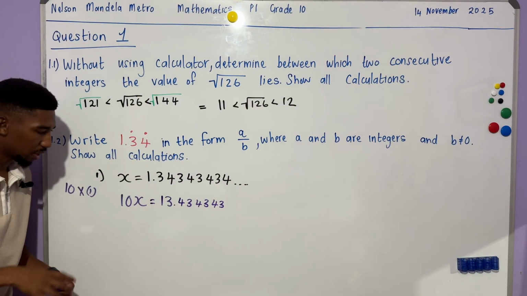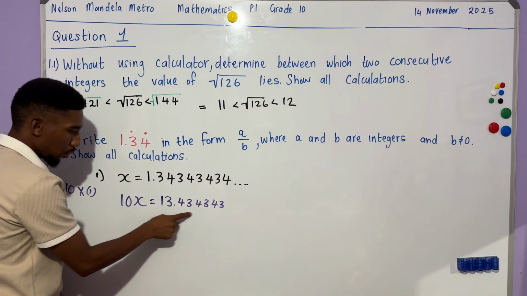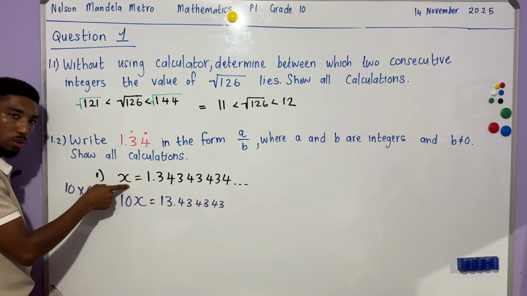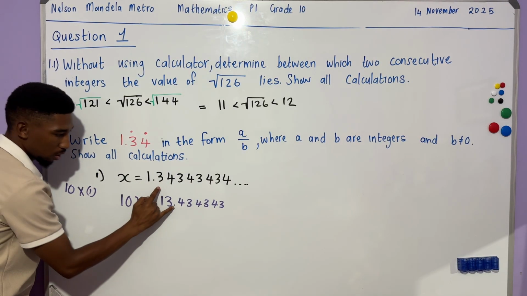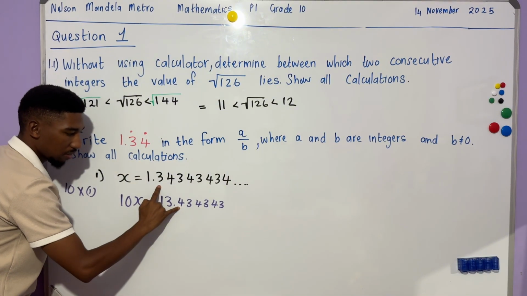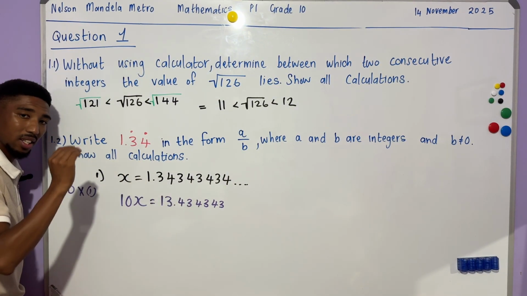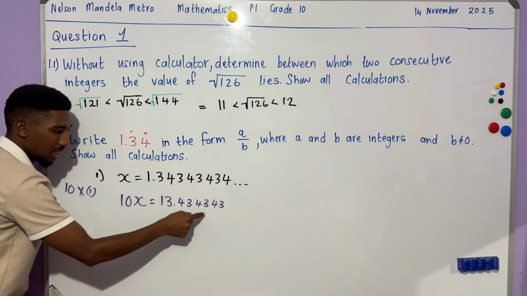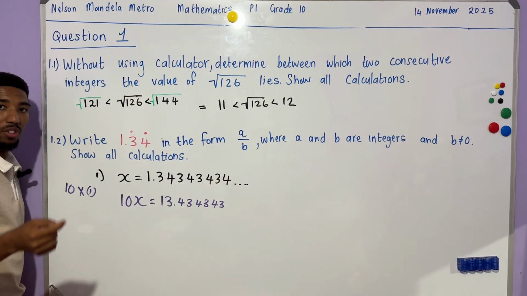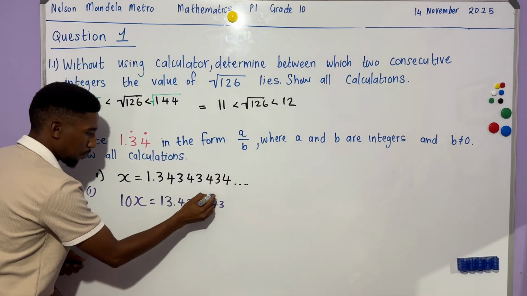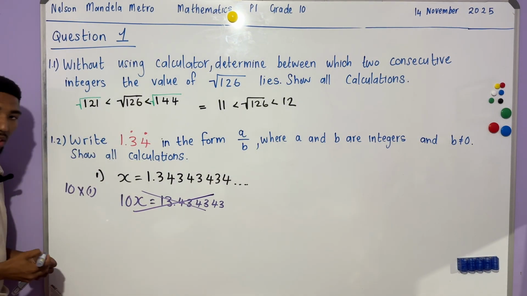There's a bit of a problem here. After the decimal is 434343 for our second equation, and after the decimal for the first equation is 34. Simply because those two numbers after the decimal are not the same, we know multiplying by 10 doesn't work.